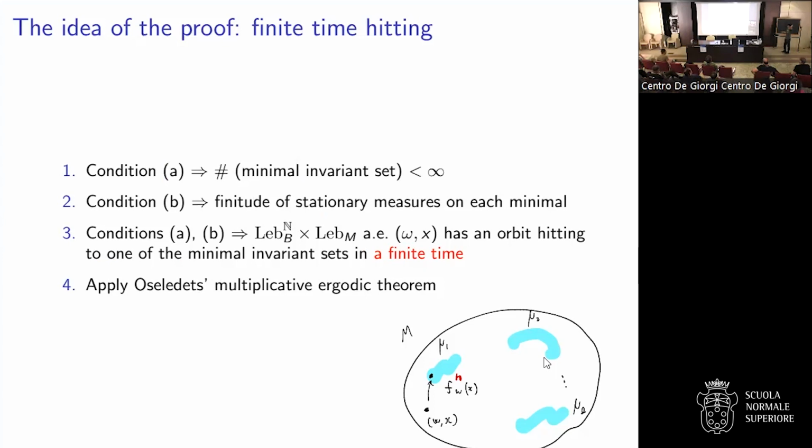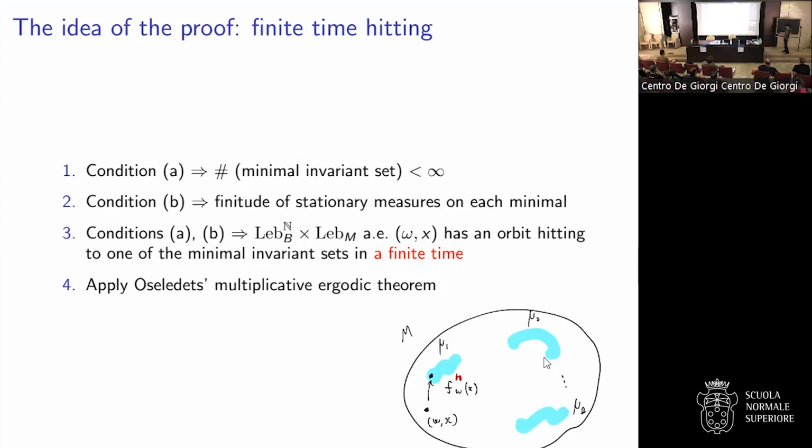If you assume Araujo's conditions A and B and the continuity, then you can find only finitely many stationary measures. I write them as mu1, mu2, up to mu-L. Take a point x, Lebesgue almost every point, and take a noise level omega.